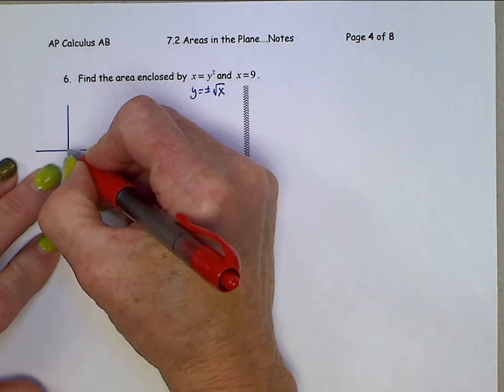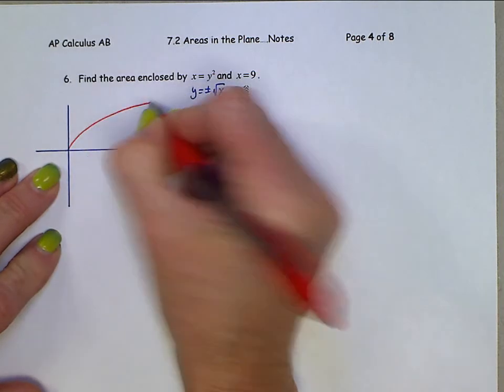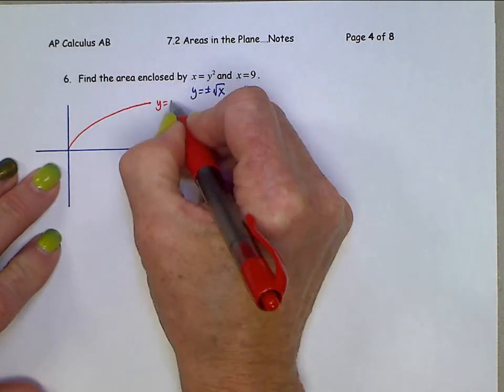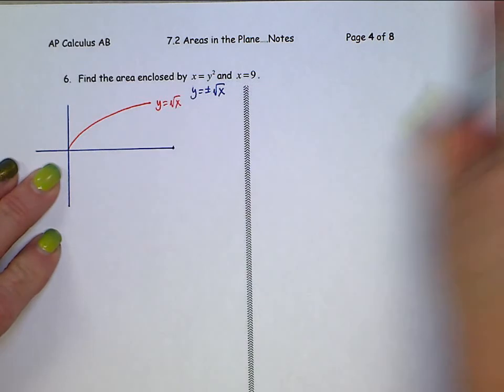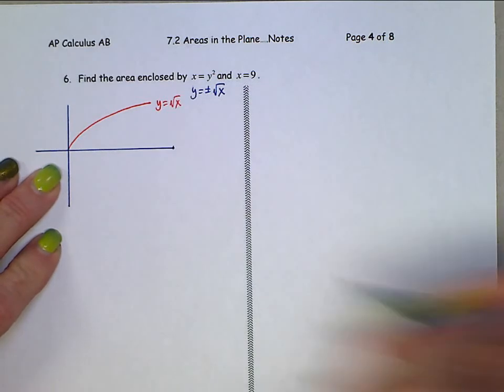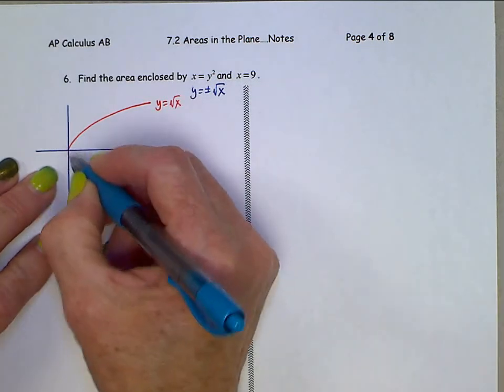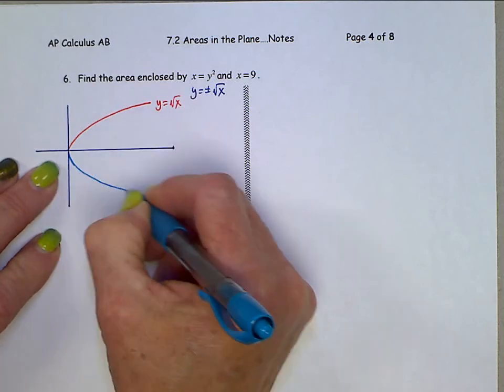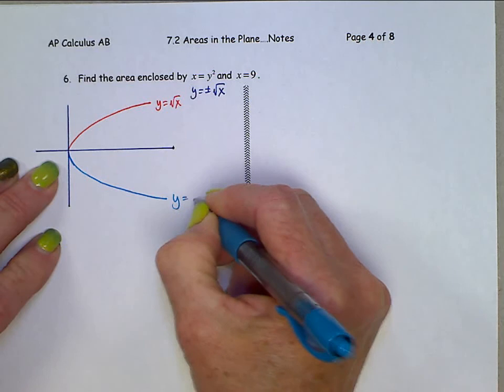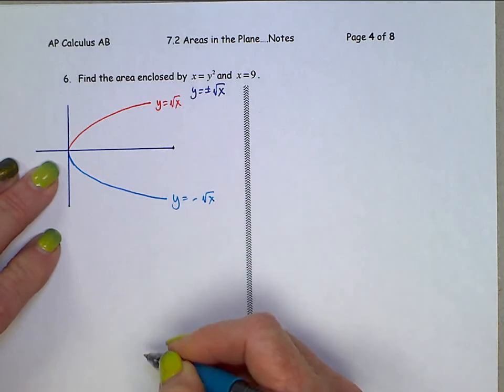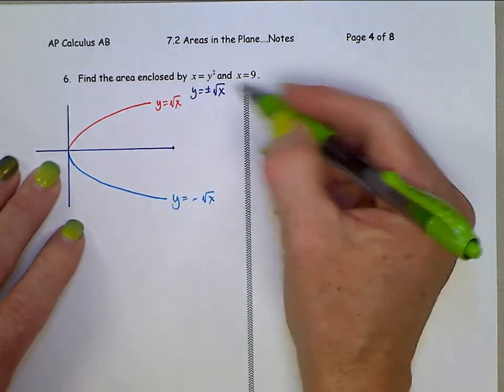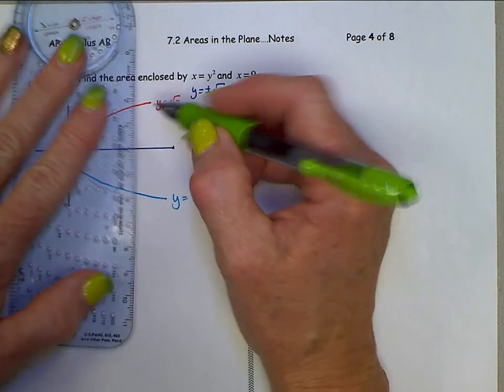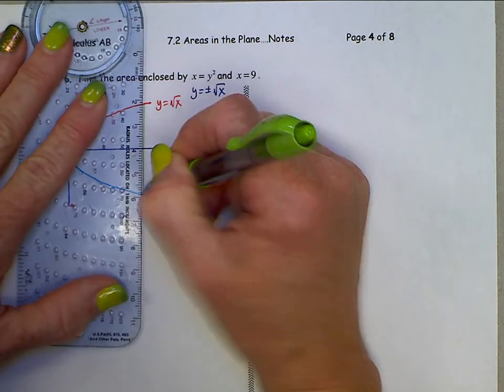Here's y equals positive square root of x. Then we have y equals negative square root of x. That's going to be this piece down here. And x equals 9, right there.